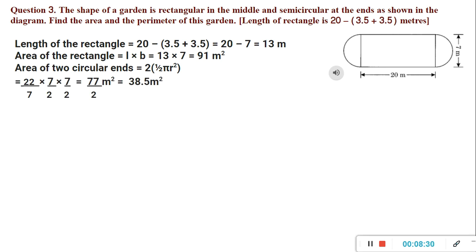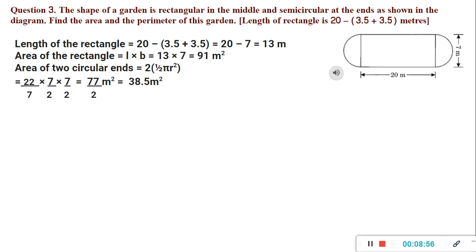The 7 meter diameter is given there, that is the diameter of the semicircle, so r is half. So that is equal to 22 upon 7 into 7 upon 2 into 7 upon 2. 2 in 22, 11, 7 will cut, so 11 times 7 is 77 upon 2 meter square. That is equal to 38.5 meter square. That is the area of the two circular ends.